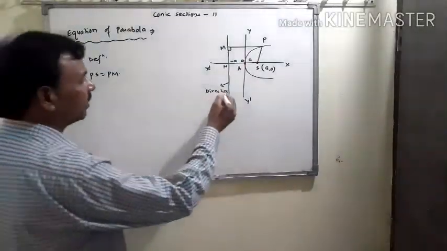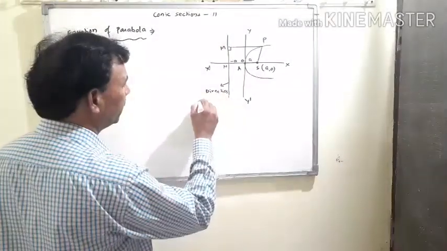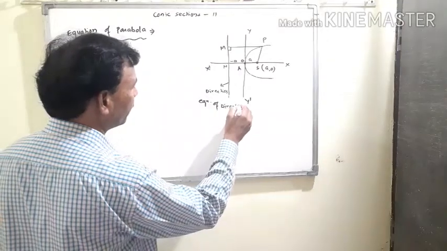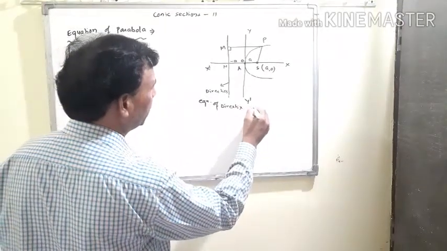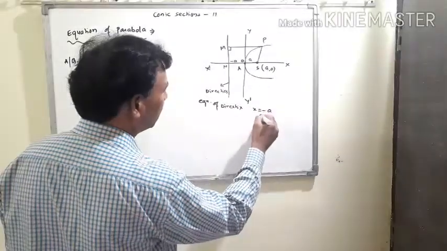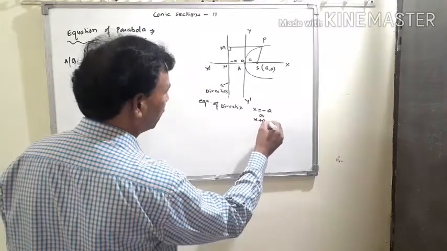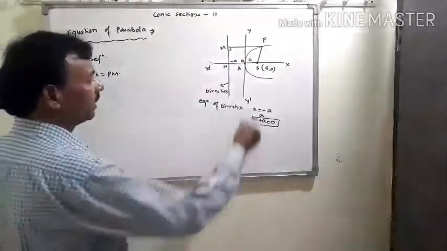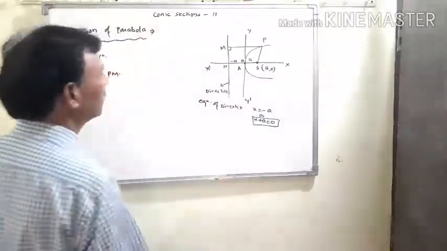Therefore, the equation of this directrix will be x equal to minus a, or x plus a equal to 0. This is the equation of the directrix and this is the coordinate of the focus.